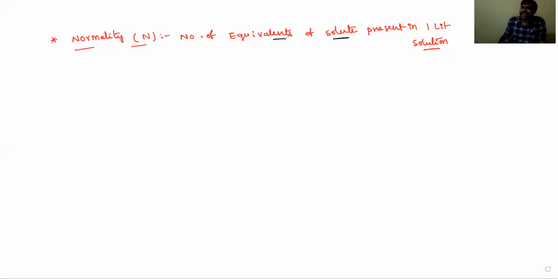Normality means the number of equivalents of solute present in 1 liter of solution. 1 liter of solution is called normality.